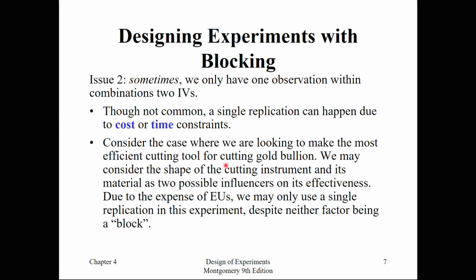Even though it's not like either of these variables represent a true restriction on randomization, nor are either of these variables nuisance variables that we just want to account for. Both of these are variables that are important for us as part of our study, so we want to make sure we're including those and addressing them as such. So this would be a great example where due to cost constraints, we only have a single replication within two independent variables.